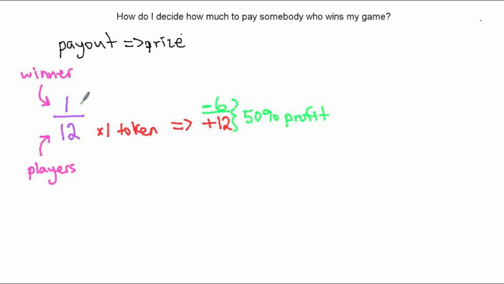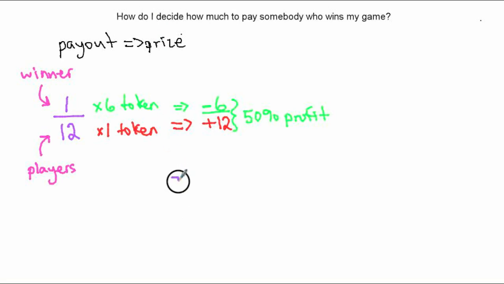And since I only have one winner, I can actually work this backwards and realize that if I pay that one person 6 tokens, then that is going to be 6 tokens out, 12 tokens in, so approximately a 50% profit.